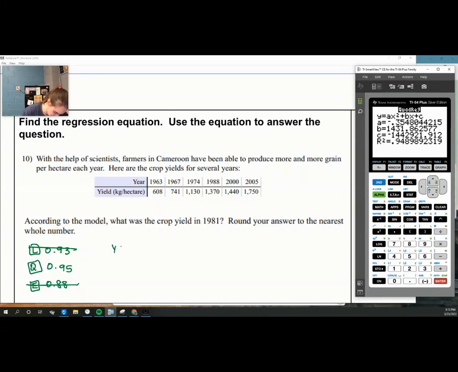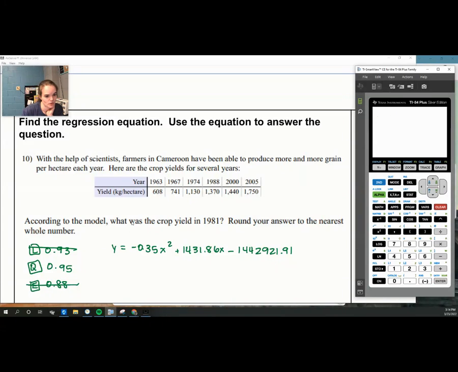It's y equals negative 0.35x squared plus 1,431.86x minus, that huge one, 1,442,921.91. It's very large there. Okay, so clear. It says, according to the model, what was the crop yield in 1981?